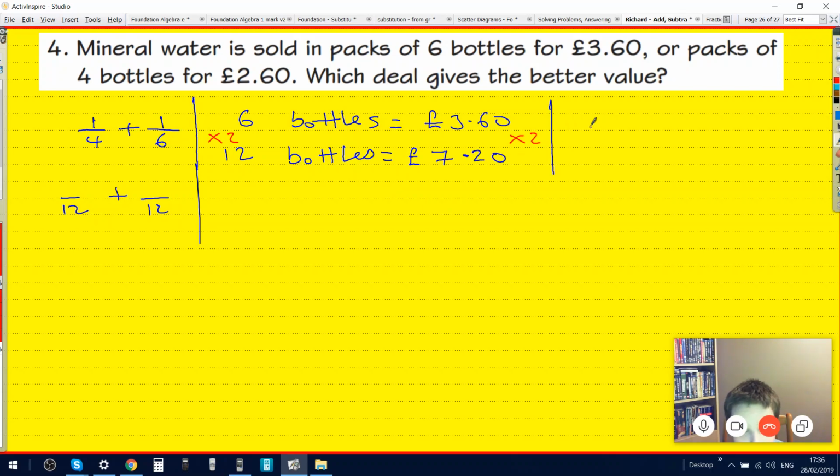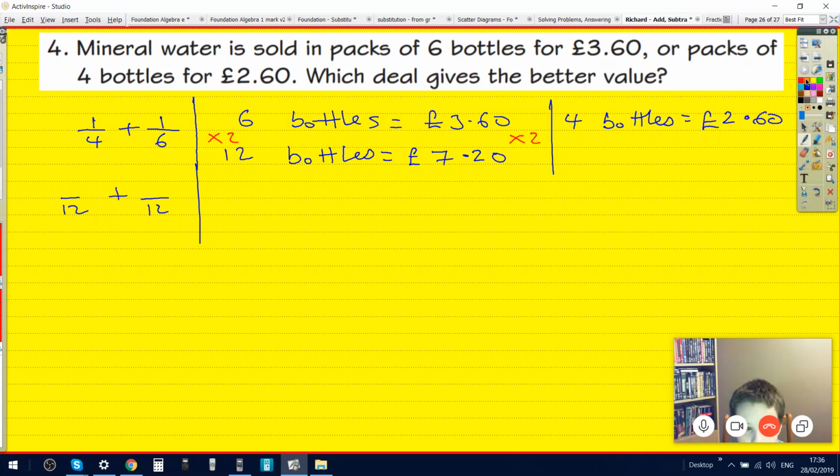Okay, and for the 4 bottle pack, how would you get the price of 12 bottles? You would double it, then double it again.